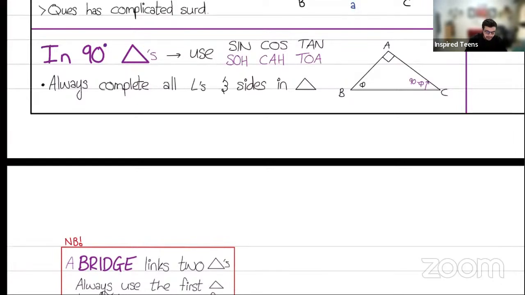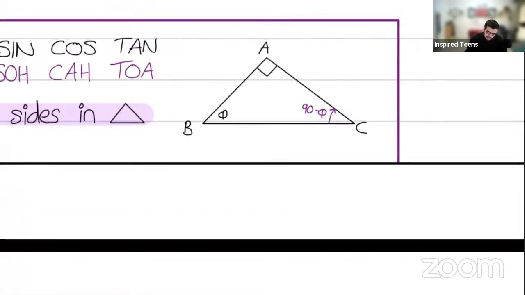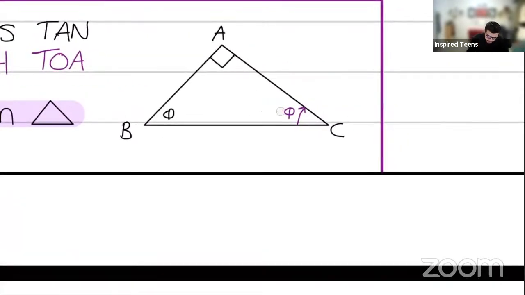Always complete all angles. These are tips that we'll come back to after we do at least one question. But yes, always complete all angles and sides in the triangle. The example of that is simply if I have triangle ABC, and I have theta, and I know that that's 90. Always complete it.